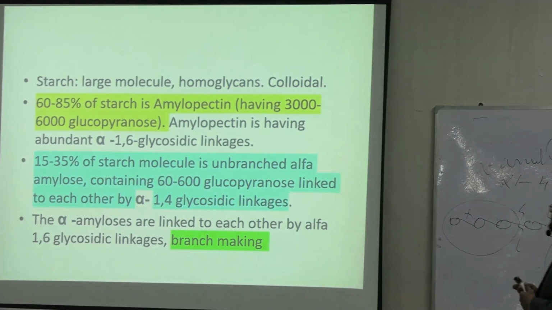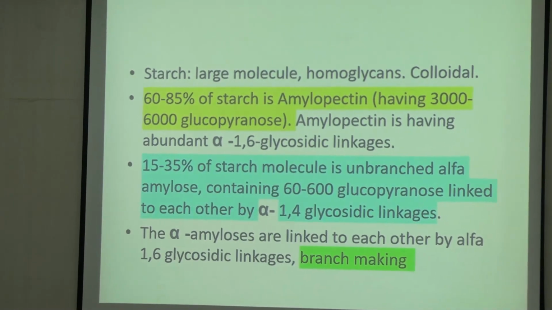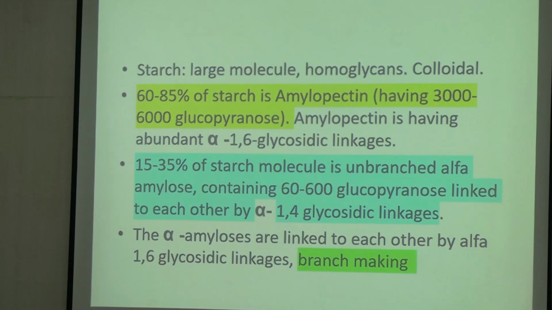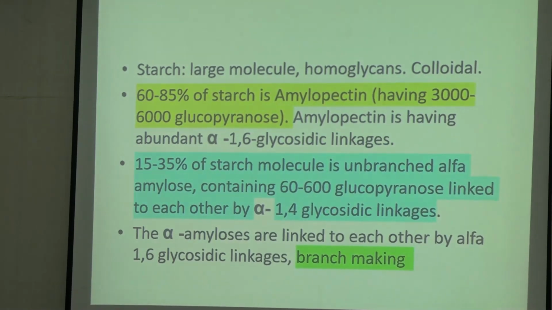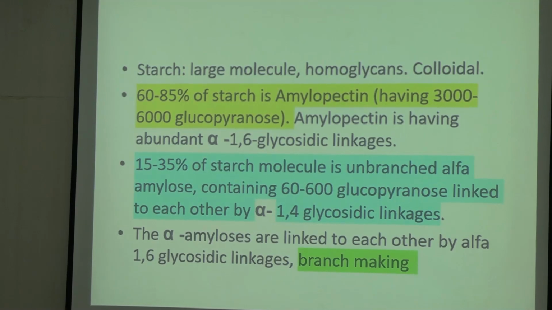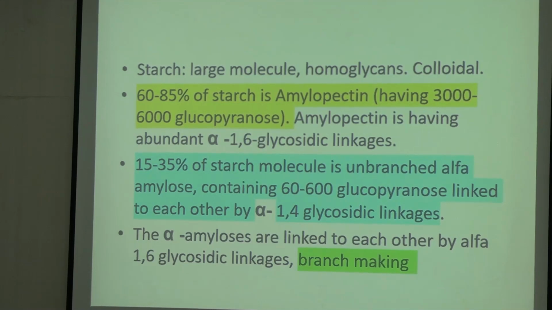Starch molecule, a homoglycan. What is a homoglycan? Don't know? On hydrolysis, only one kind of monosaccharide will be formed. Starch is a homoglycan. If you hydrolyze it, only glucose you will find.